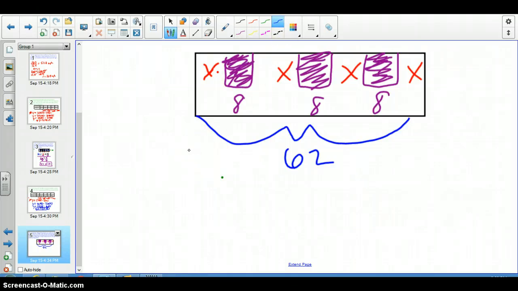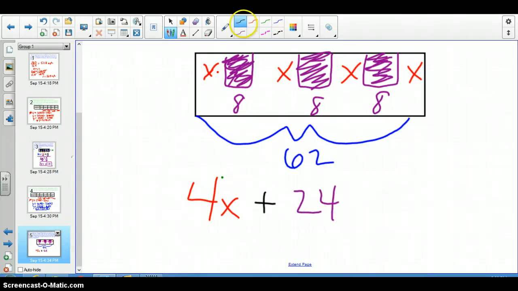So now I have this information. I can start to write my equation. I have 1, 2, 3, 4 x's, so 4x plus, well, I have 8 plus 8 plus 8, so that's 24, equals 62.